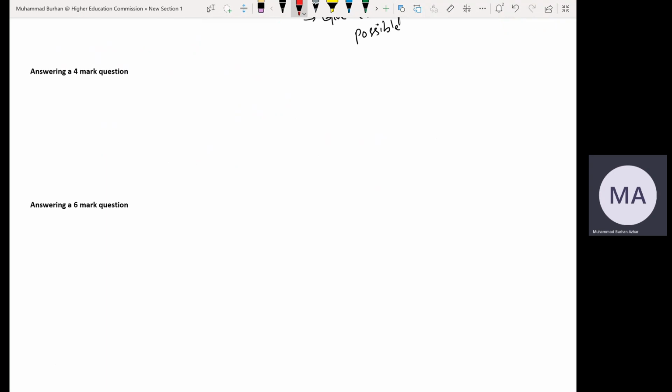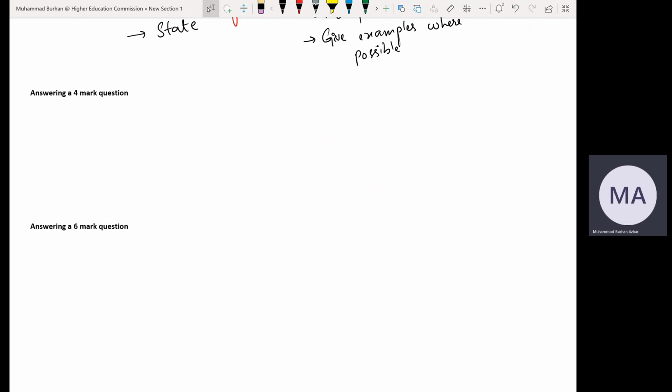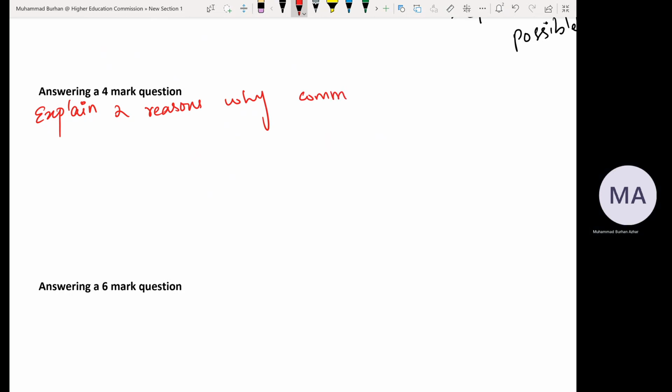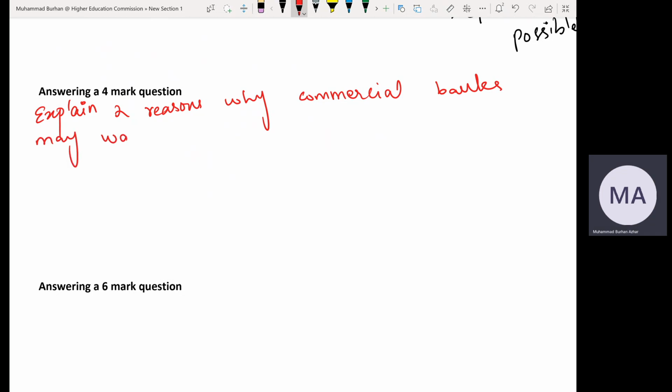उसके बाद we come to a question which is the explain one. ठीक है? Let's have an example question and we'll see कि किस तरह इसको explain करना. So let's have: explain 2 reasons why commercial banks may want to merge. So this is a 4 mark question. ठीक है?